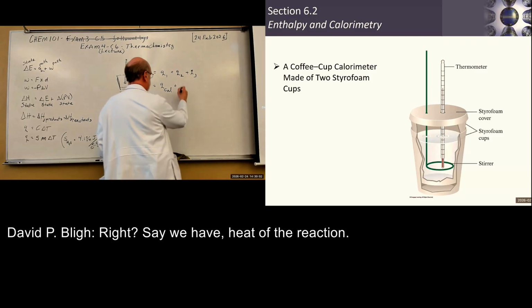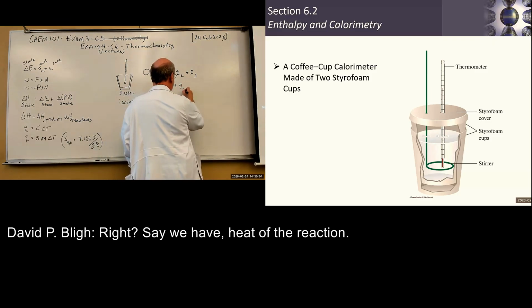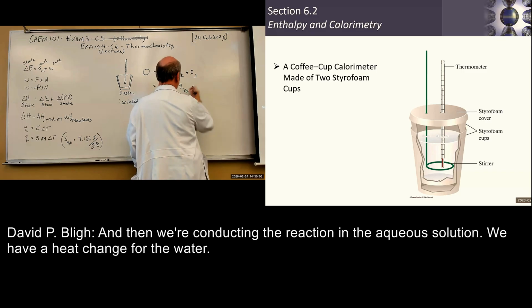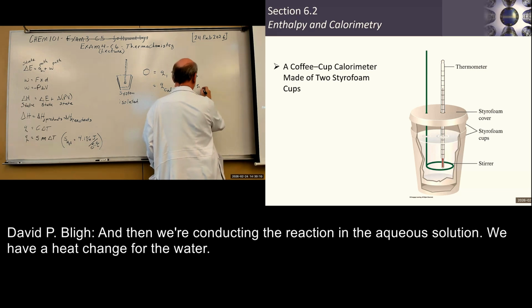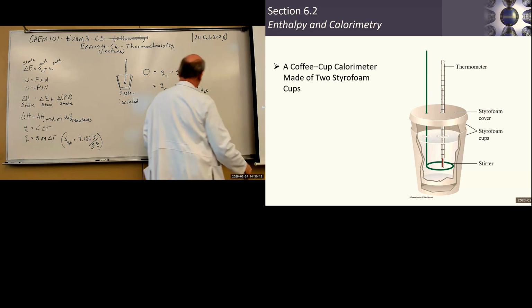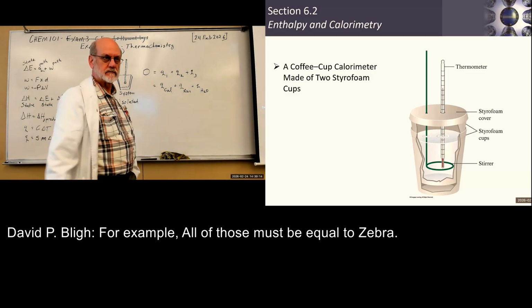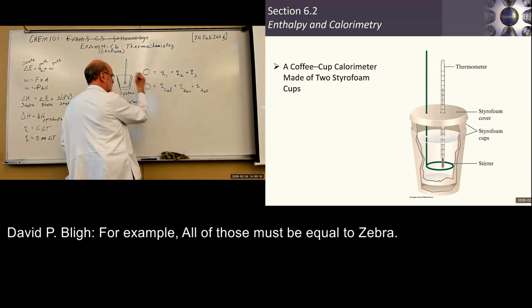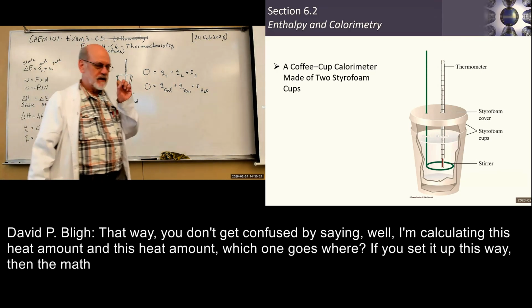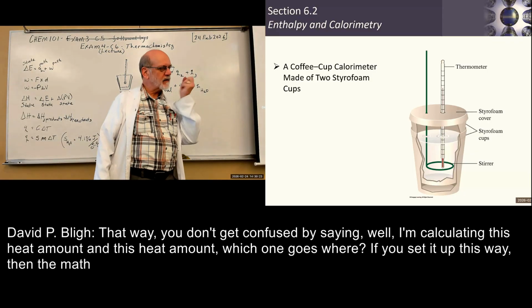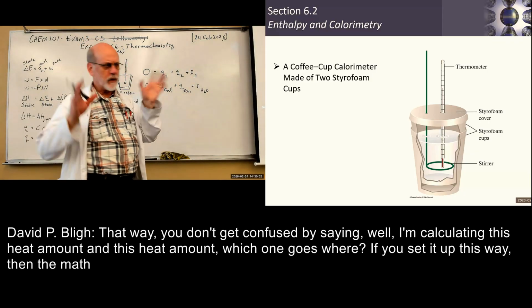Say we have heat of the reaction. And then we're conducting the reaction in aqueous solution. We have a heat change for the water. For example, all of those must be equal to 0. That way, you don't get confused by saying, I'm calculating this heat amount and this heat amount, which one goes where?